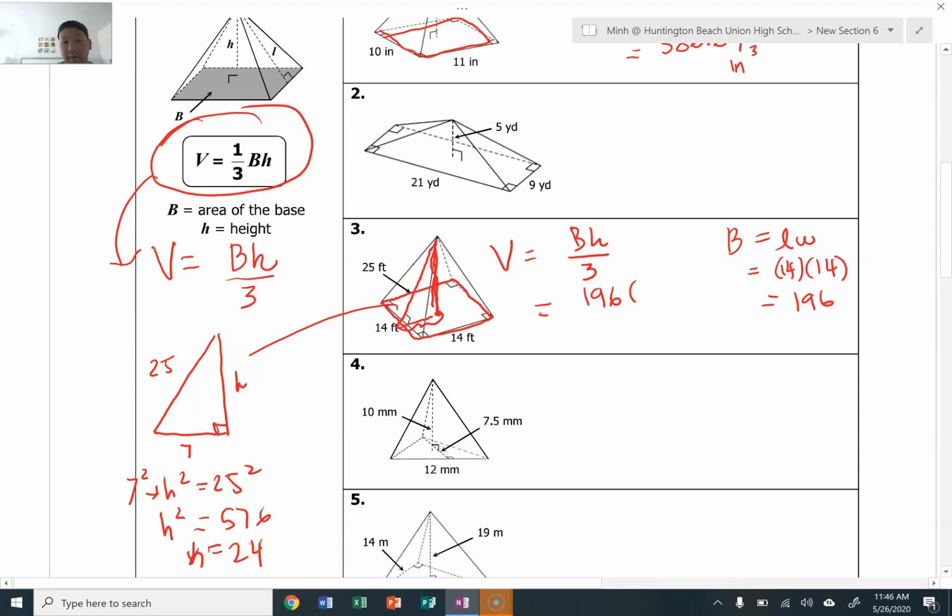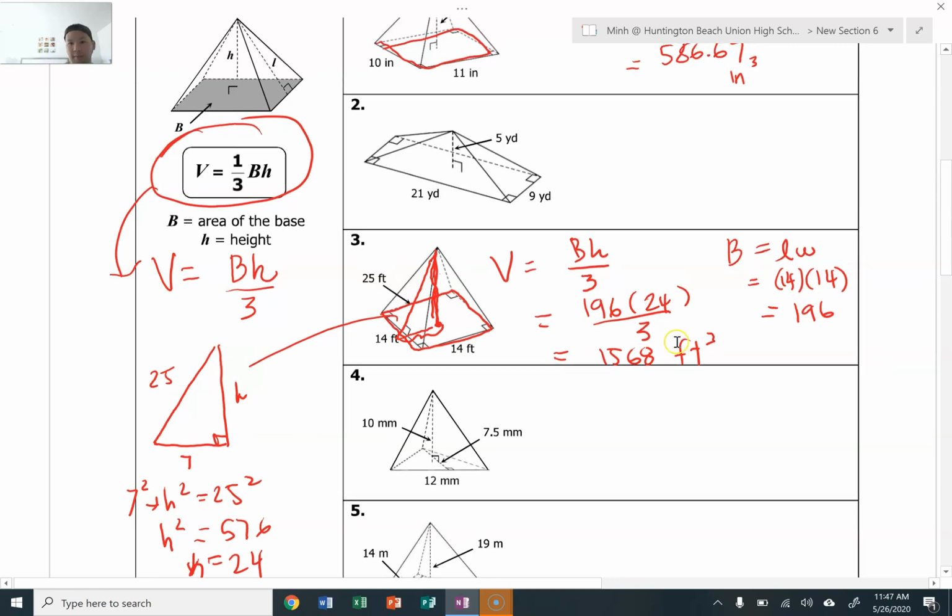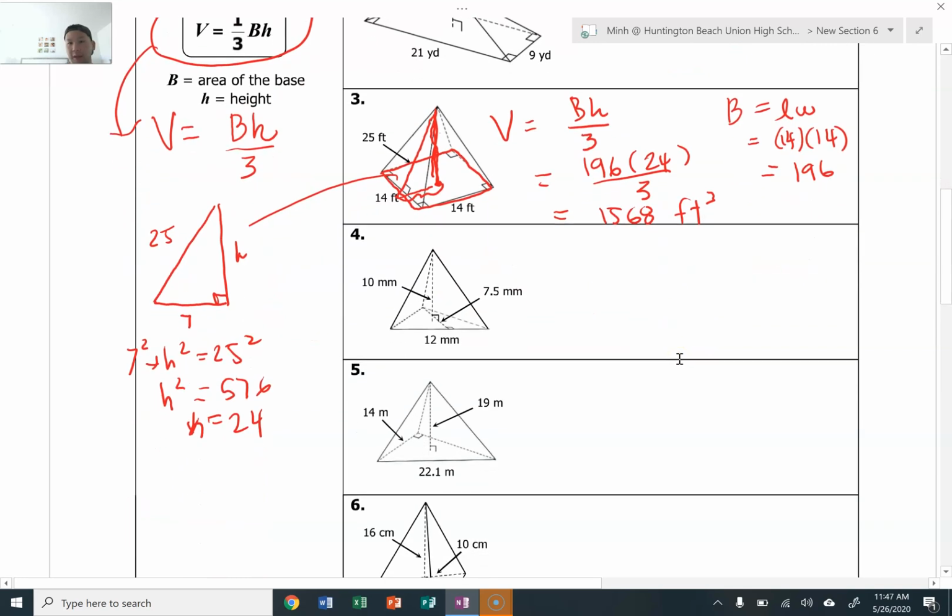So my height's 24, and then I divide by 3. When you put this into the calculator, it's a smooth answer: 1,568 cubic feet. Cool. That is definitely a problem I would put on a quiz.